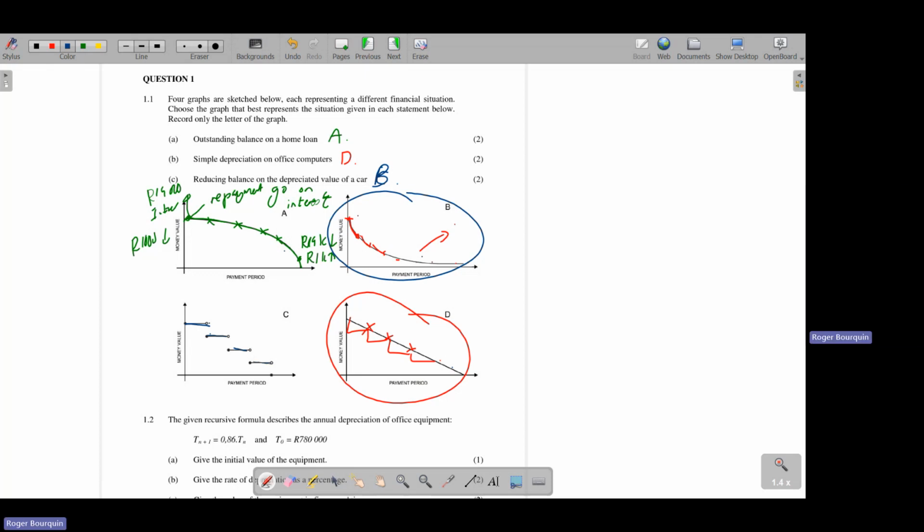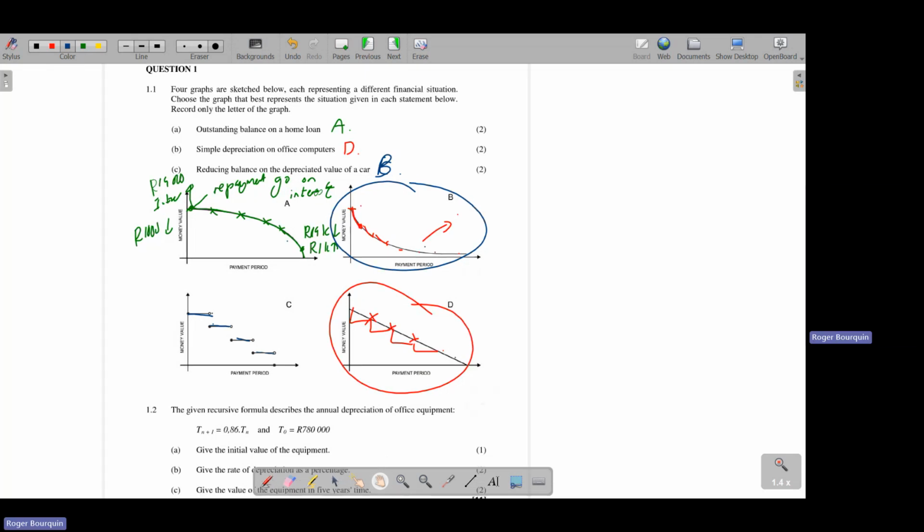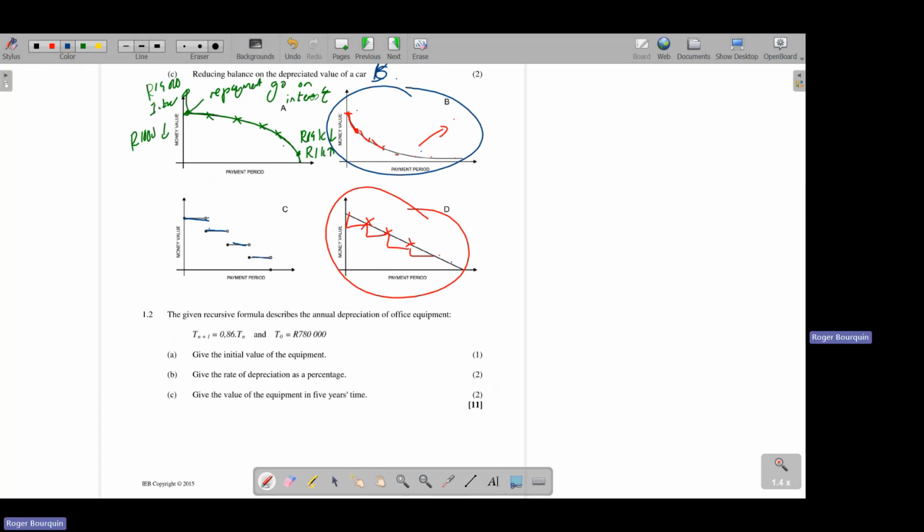All right. The next idea that gets tested in the next question is this. If you've got a recursive sequence and you increase something by 14% per annum, let's say, going from year to year, recursive formula. So then Tn plus 1 would be equal to the previous amount plus 14% of Tn.